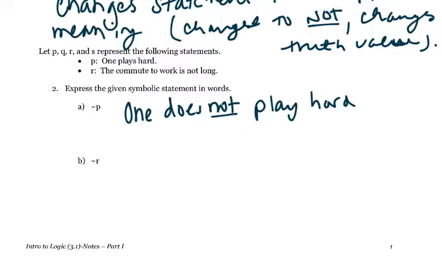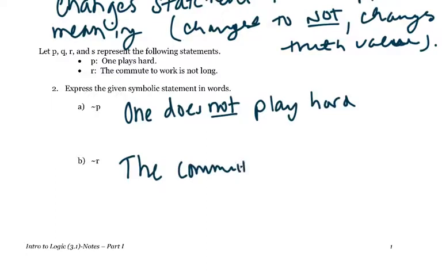In the second example, we're negating the statement, the commute to work is not long. So if you think about it, you could think about this as being a double negation, because if I were to say the commute to work is not long, that's the same thing as saying that the commute to work is long.